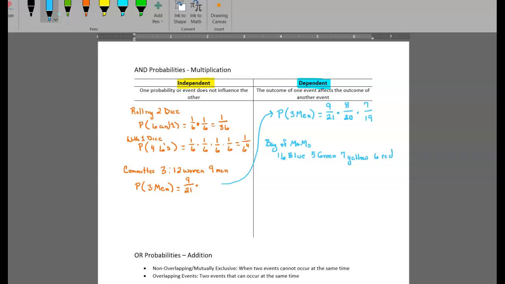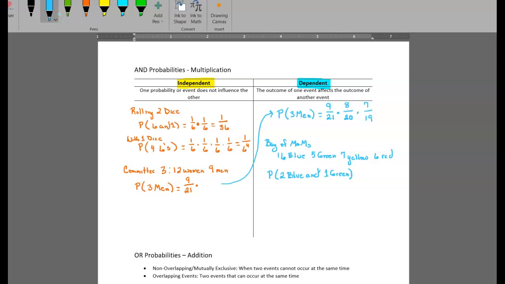So we want the probability of picking out 2 blue ones and 1 green one.